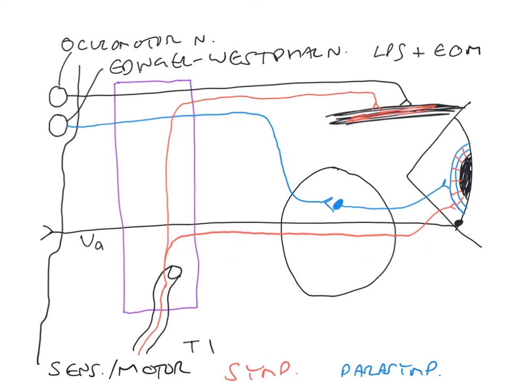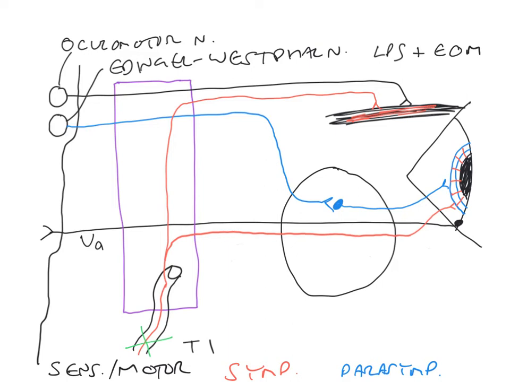So now that we've looked at the innervation to the pupil and the upper lid, we're in a position to think about some clinical scenarios. What we're going to do is put some lesions in various places. The first lesion I'm going to simulate is an interruption to the sympathetic supply to the head and neck. And this could be caused by a number of things.